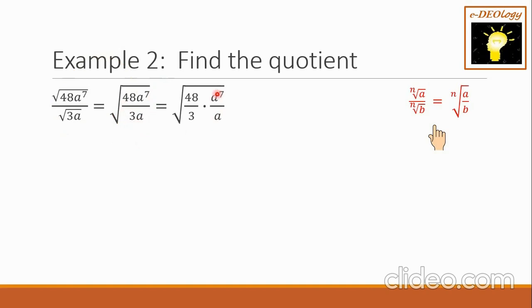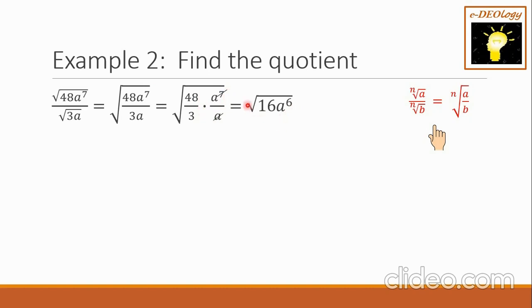Next, inside the radical, we group the coefficients and we group the variable a respectively. We simplify 48 divided by 3, and we will get 16. And for a raised to 7 divided by a, we can cancel that a in the denominator. We cancel from the exponent 7, then this will now be exponent 6.